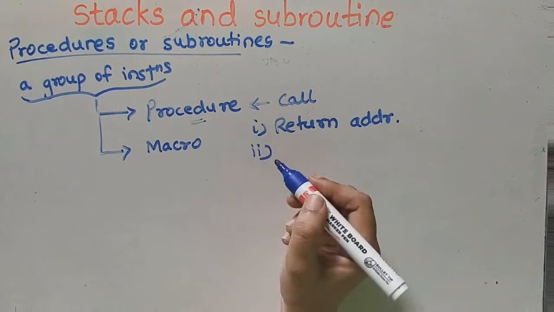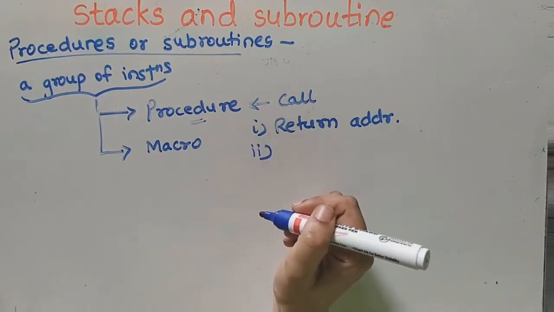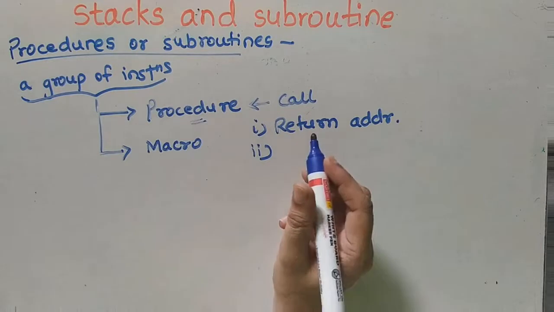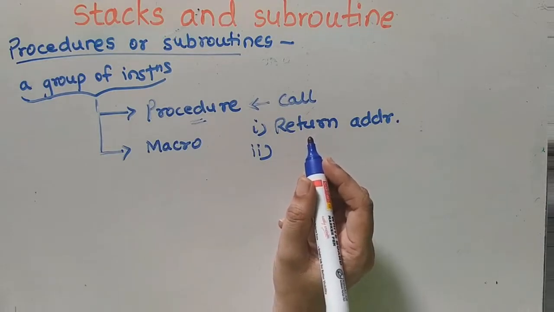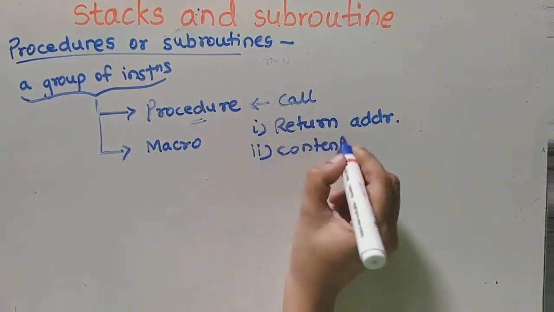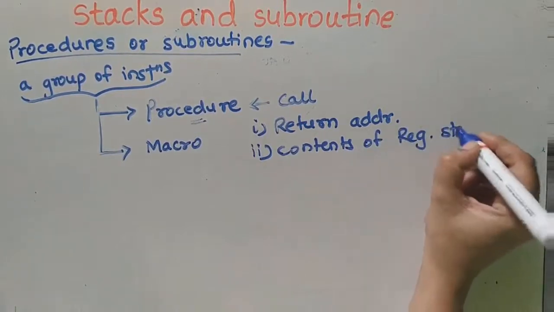Second point, that the registers which are used by the procedure need to be stored before their contents are changed. Means whatever registers we are going to use in a procedure, the contents of the registers must be stored.